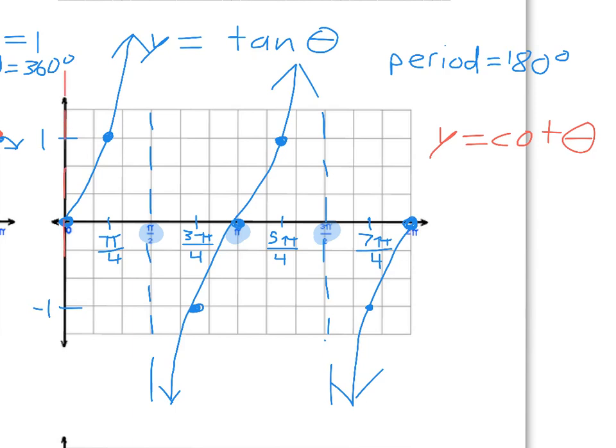So we have an asymptote here, another one here, and one here. Okay, what else do we know the reciprocal of? The reciprocal of 1 is 1. So anytime tangent is at 1, cotangent will also be at 1. The reciprocal of -1 is -1.